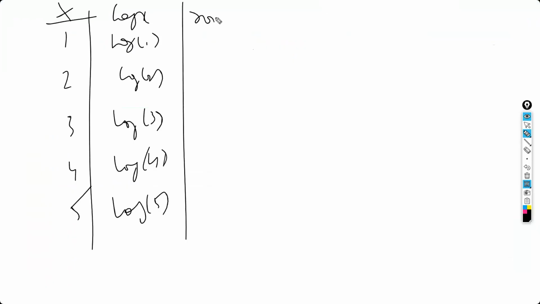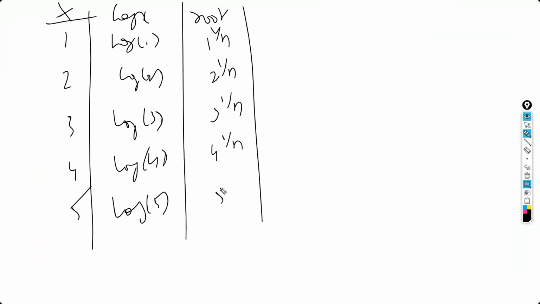Root transformation. What does root transformation mean? 1 to the power of 1 by n, 2 to the power of 1 by n, 3 to the power of 1 by n, 4 to the power of 1 by n, 5 to the power of 1 by n. Every value to the power of 1 by n. This is called root transformation. Now, the next one is Box-Cox. What does Box-Cox mean?